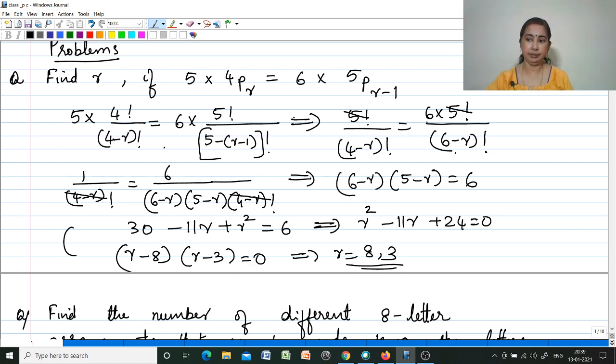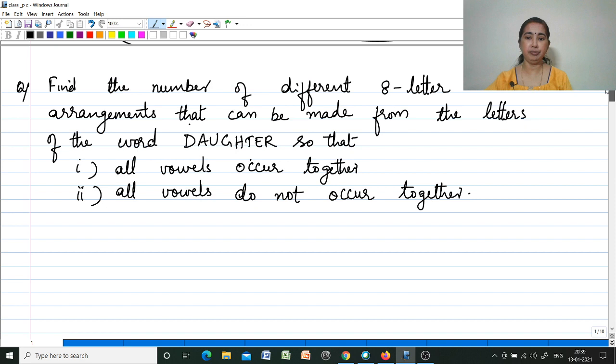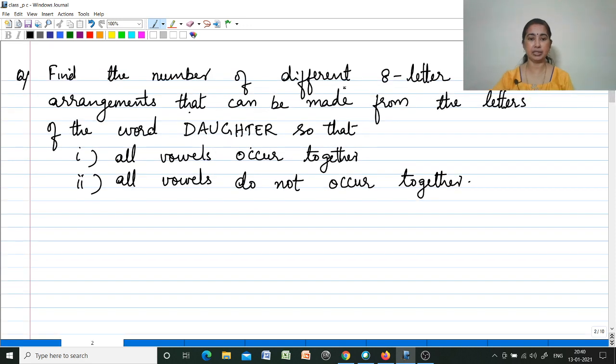Okay, next one: find the number of different 8 letter arrangements that can be made from the letters of the word DAUGHTER so that, first sub question, all vowels occur together.